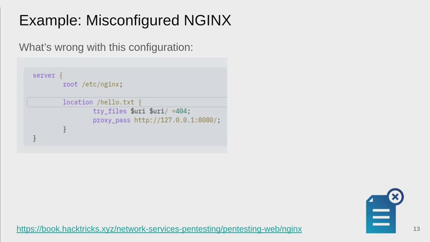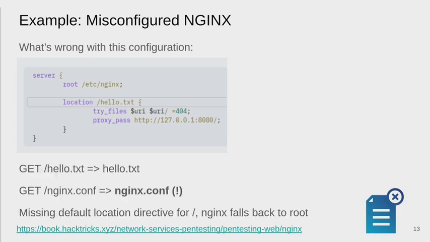I think being the root, etc. Nginx is quite open, it should be much more restricted, because otherwise it's going to try files inside the Nginx directory. Yeah, I think this is the correct one. You have a special route for hello.txt, so if you get hello.txt, you serve hello.txt. But the default location directive for the root directory of the web server is missing.